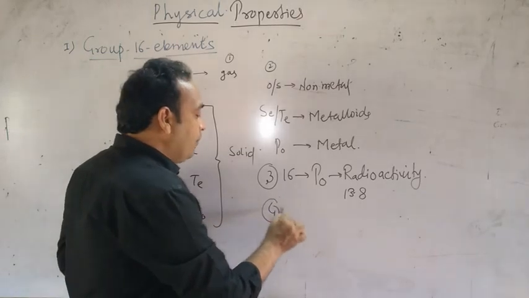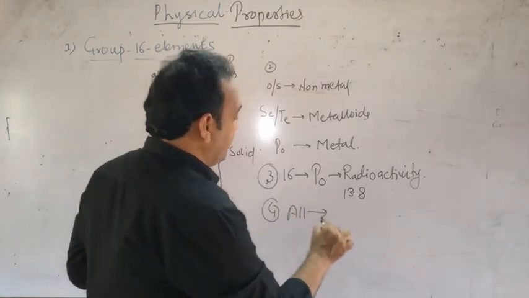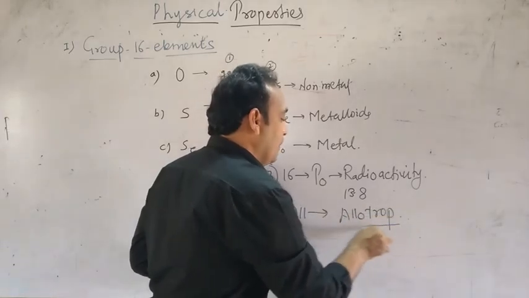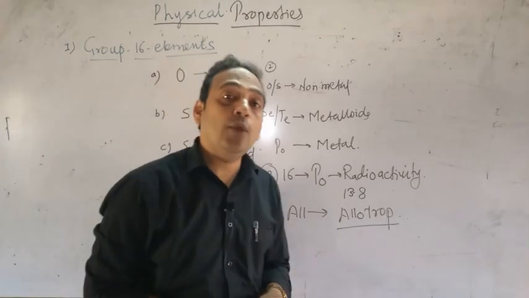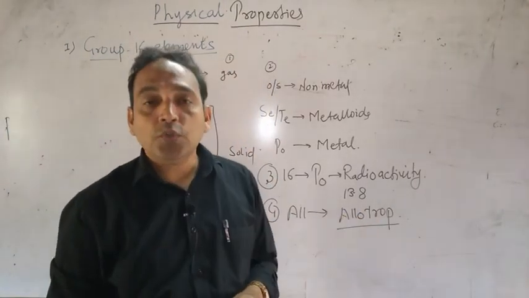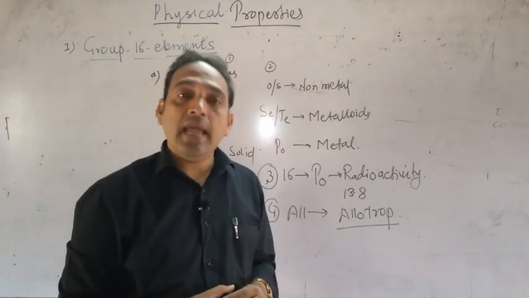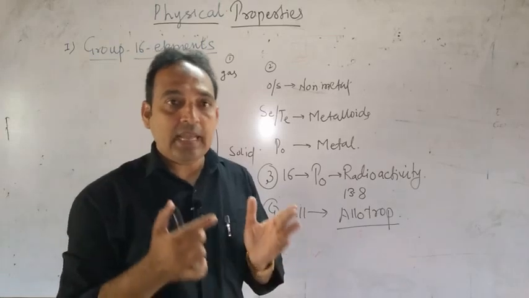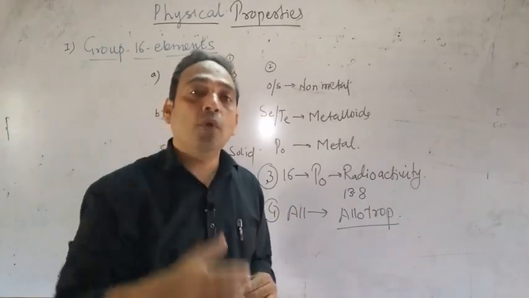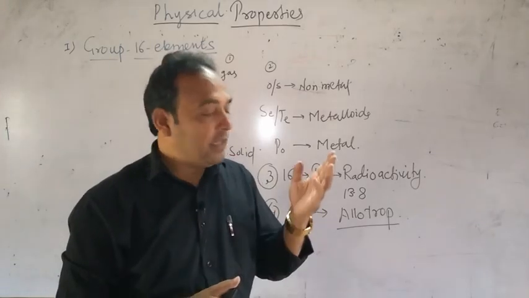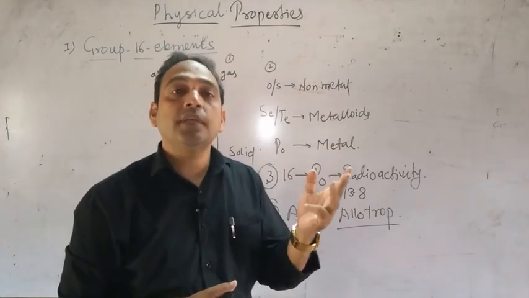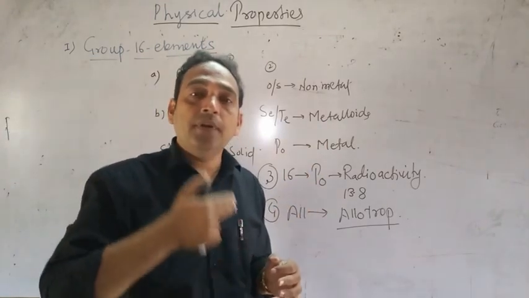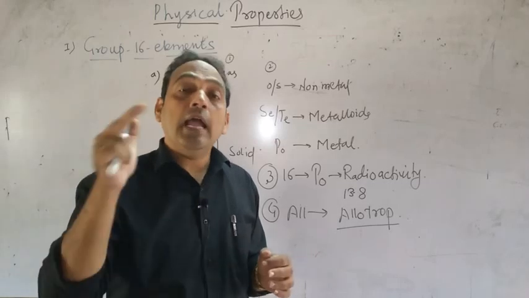And the last physical property of group 16 elements is that all members of the group exhibit allotropes, or allotropy. Now allotropes or allotropy means the same element exists in two or more different states, like carbon in the form of graphite, carbon in the form of diamond, carbon in the form of fullerene. So diamond, graphite and fullerene are the allotropes of carbon.